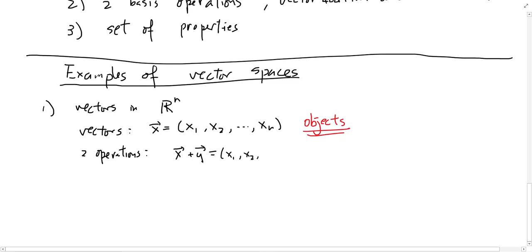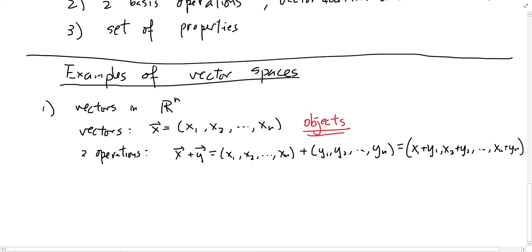It would be x1, x2, to xn, plus y1, y2, to yn, and therefore the sum would be defined to be x1 plus y1, x2 plus y2, to xn plus yn. So that defines our basic vector addition, which is the exact same way we defined it last year. And then we'll also define our basic scalar multiplication, r times vector x. That will mean r times x1, x2, to xn, and that is equal to r x1, r x2, to r xn.